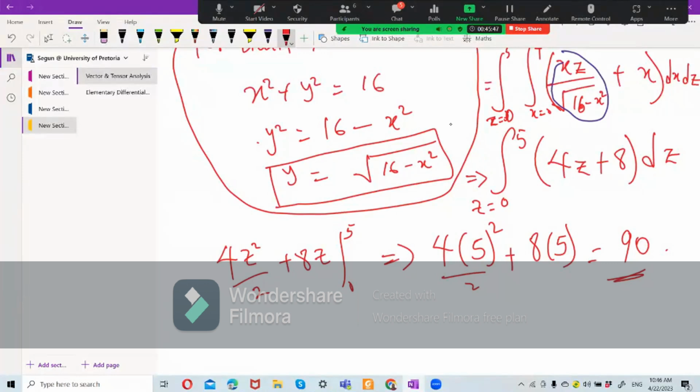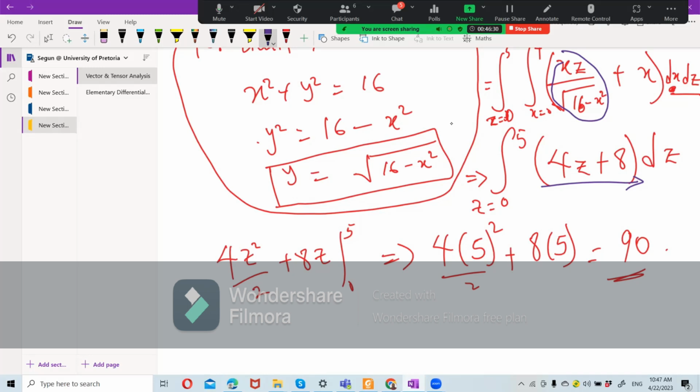Hello, sir. Go ahead. Which one did you just integrate now? I didn't quite get that. Z. You have two things. You have to integrate with respect to x, that was what I said to go and find out. But when you integrate it very well, you have this. You integrate and substitute upper and lower limits, and you are left with 4z plus 8. Then integrate 4z plus 8 with respect to z.